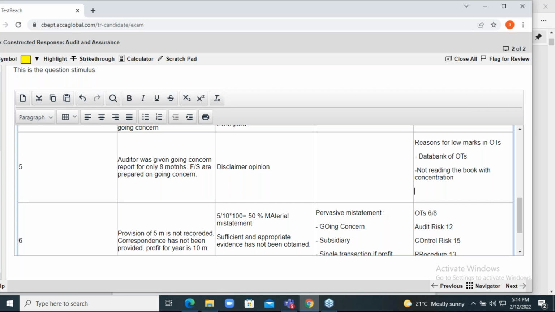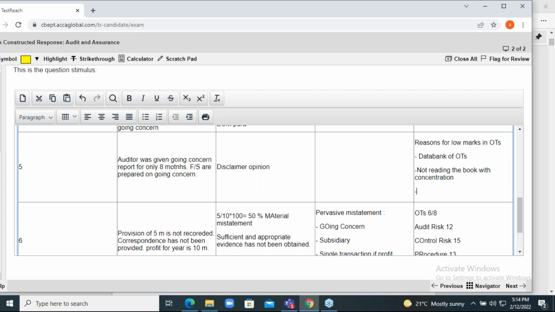If you are going to read short notes for audit that are 30 or 40 pages, then certainly you will miss some of the detail, and OTs can be constructed from the area which you have skipped while studying. That is why reading the book properly is very, very important.